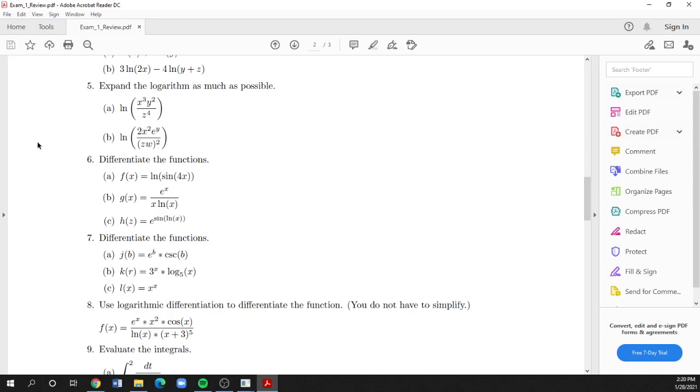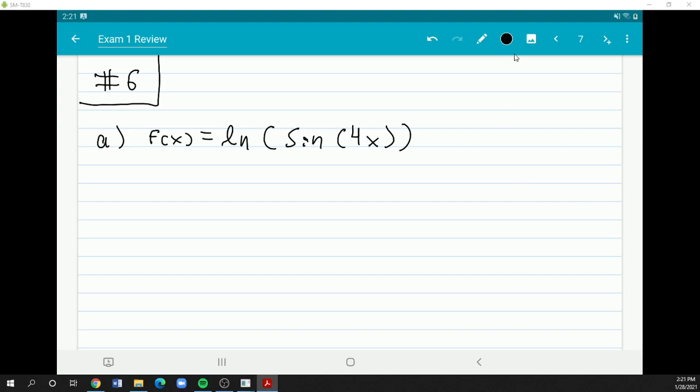So first, a is f of x equals the natural log of sine of 4x. Looking at this, it looks like I'm going to need chain rule because I have log there. My inside function is sine of 4x.